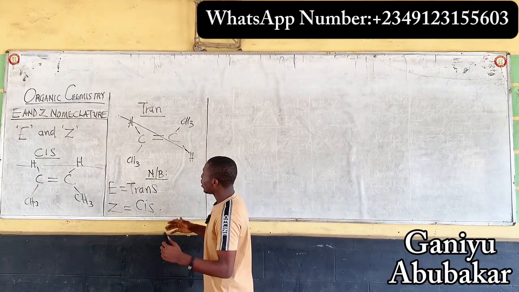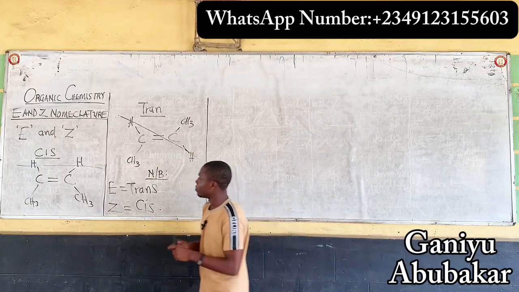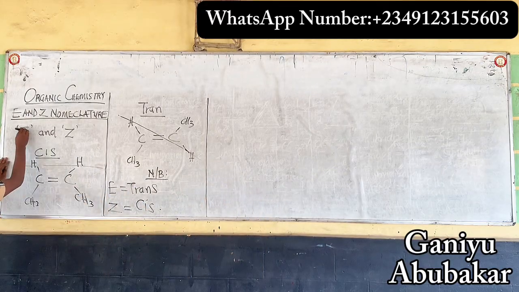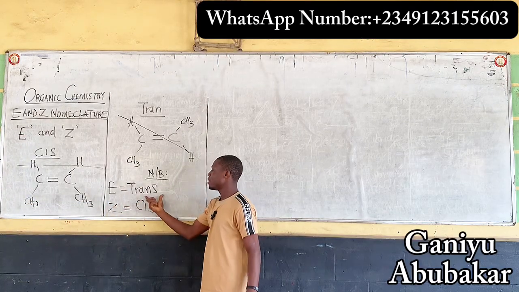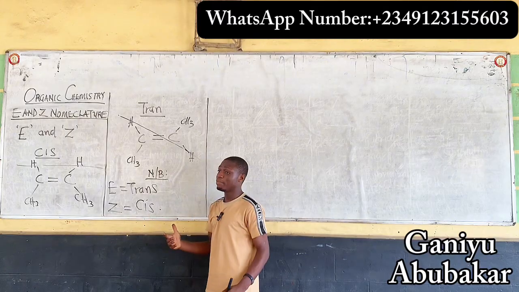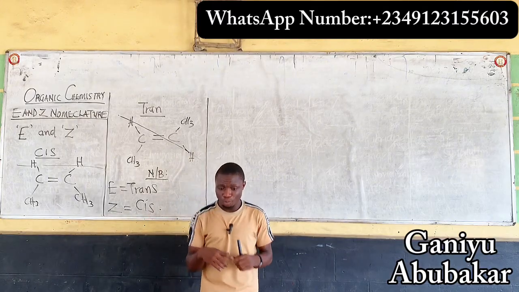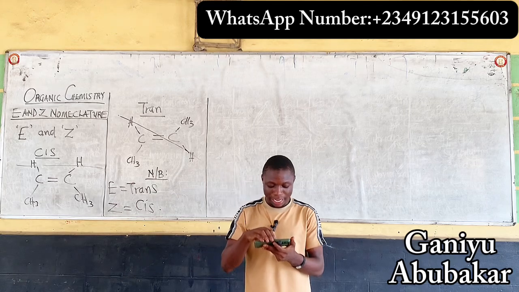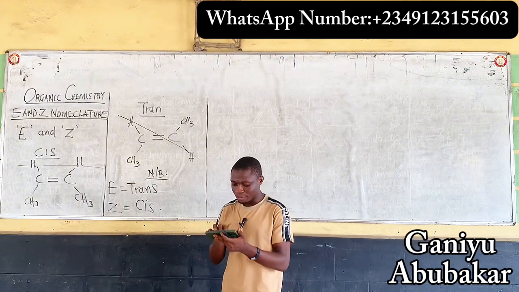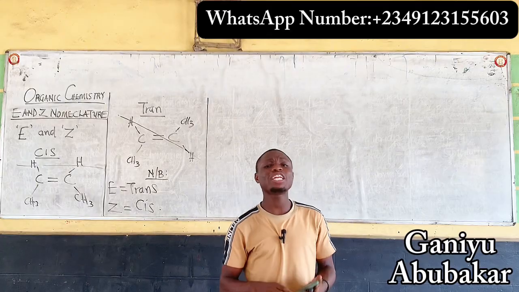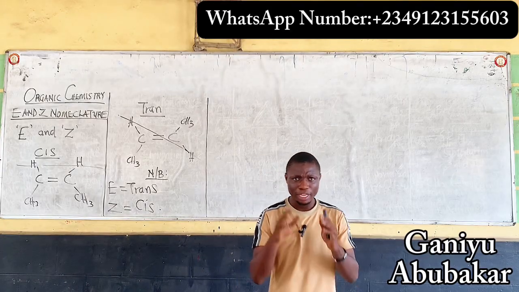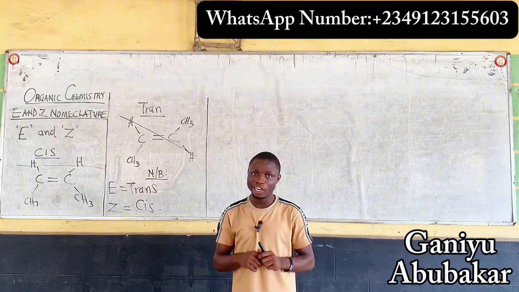Let's proceed from here. After understanding that E is trans and Z is cis, let's take a few problems and explain this concept well. The major issue now is how do you spot a problem under E and Z nomenclature?